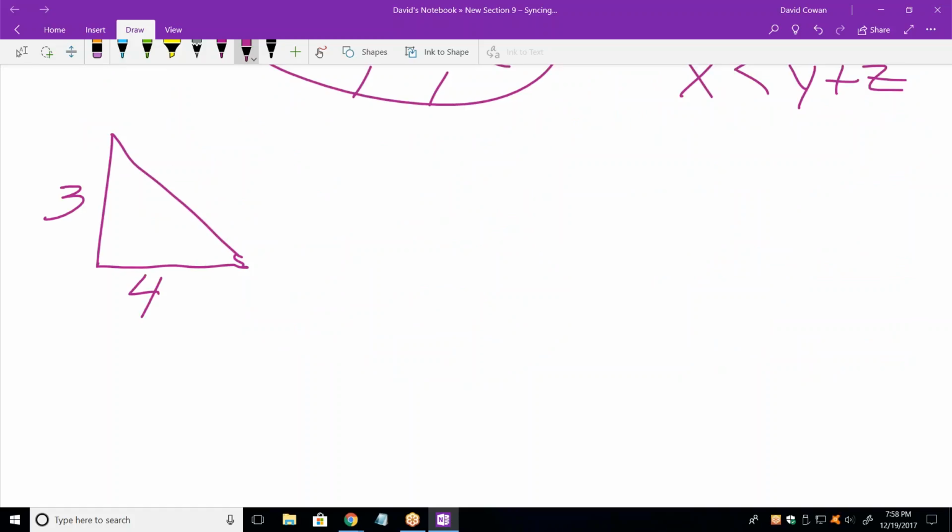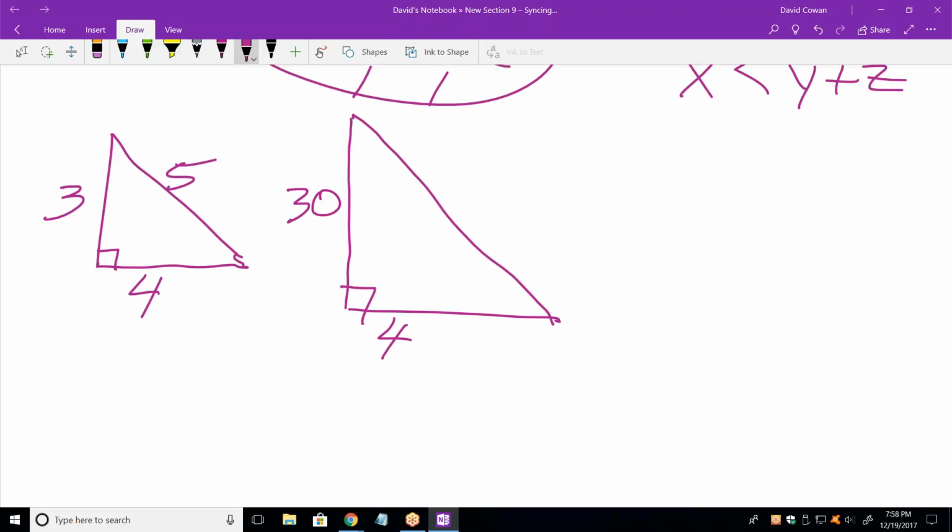In other words, there's your basic 3, 4, 5 triangle. That's the smallest perfect Pythagorean triangle. In other words, there is no 1, 2, 3 or 2, 3, 4. 3, 4, 5 is the smallest. But any one that has that same shape could be a multiple of it. It could be 30, 40, 50.